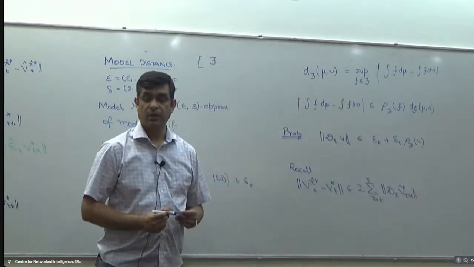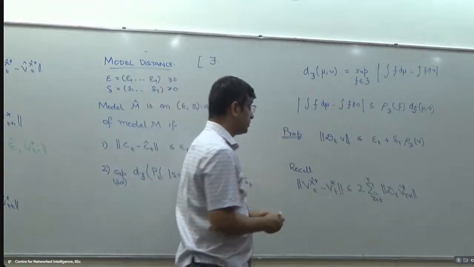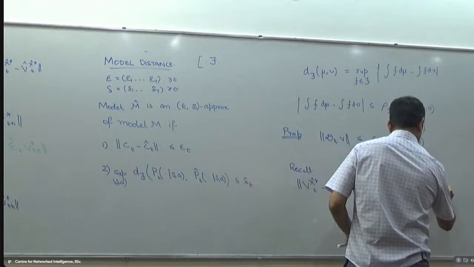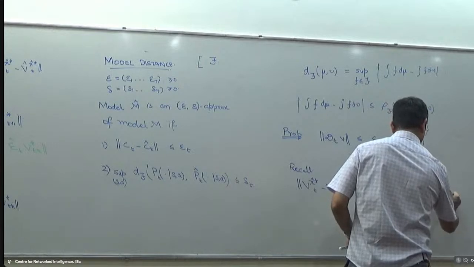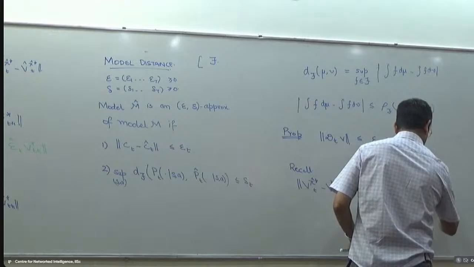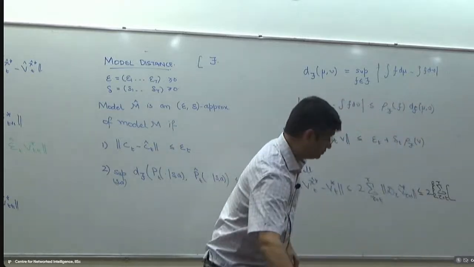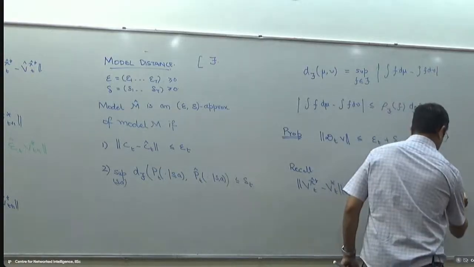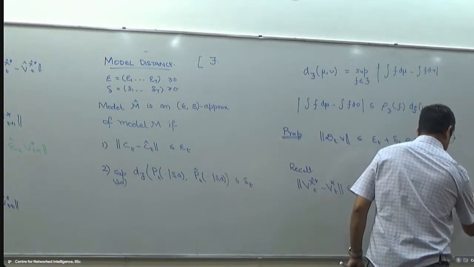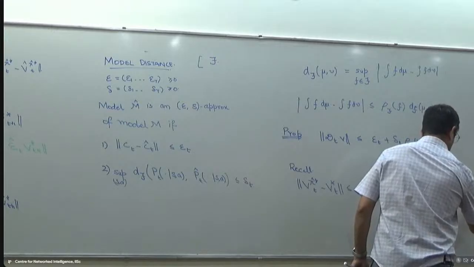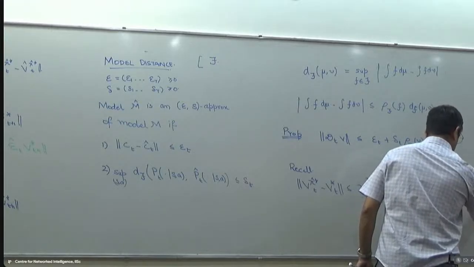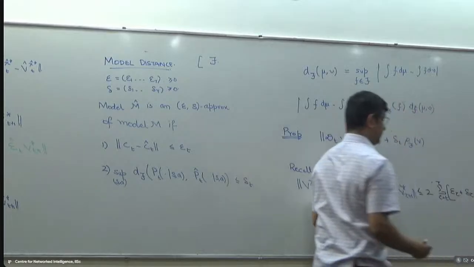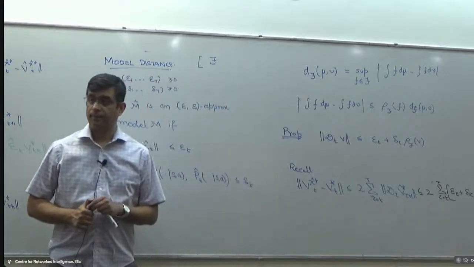Using the previous result, I can upper bound this as twice the summation from tau equals t to capital T of epsilon tau plus delta tau times rho_F of v hat star tau plus 1.